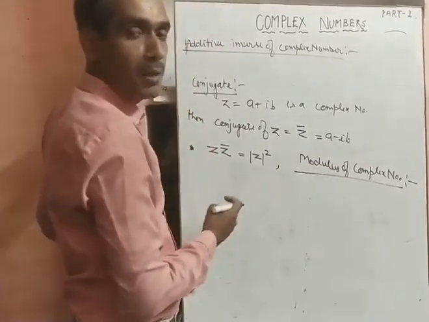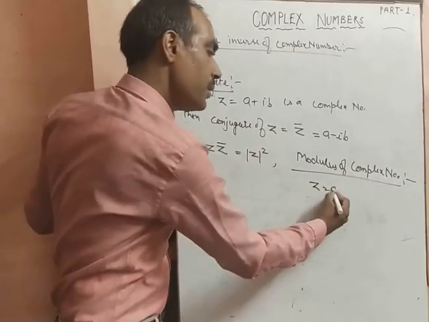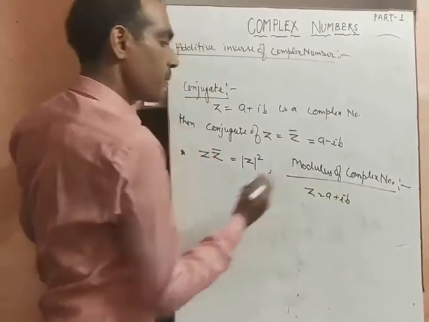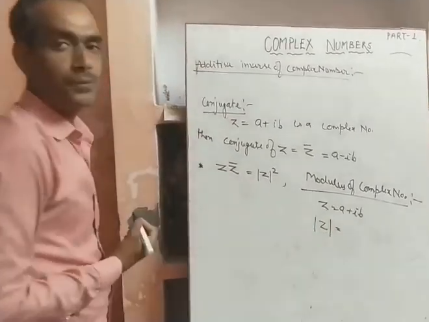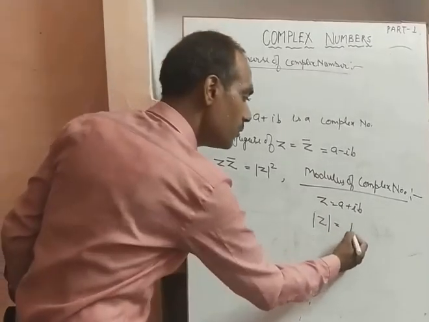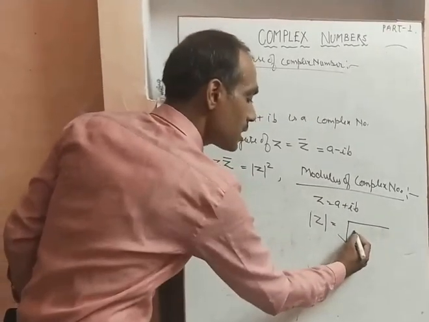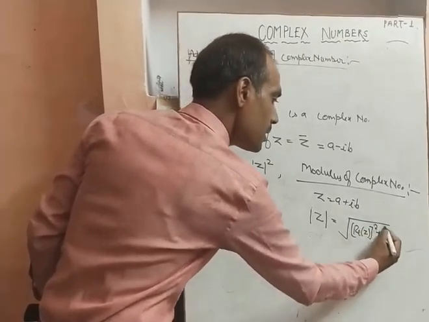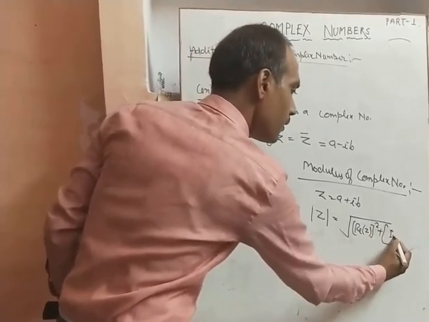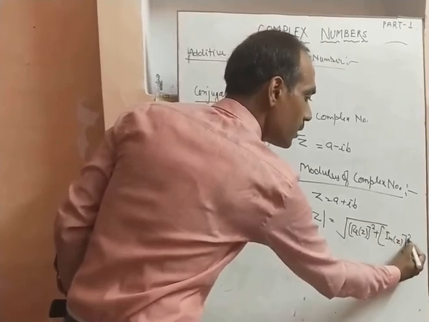If any number z equals a plus ib, then its modulus, denoted mod z, is equal to the square root of the square of the real part plus the square of the imaginary part. Clear?